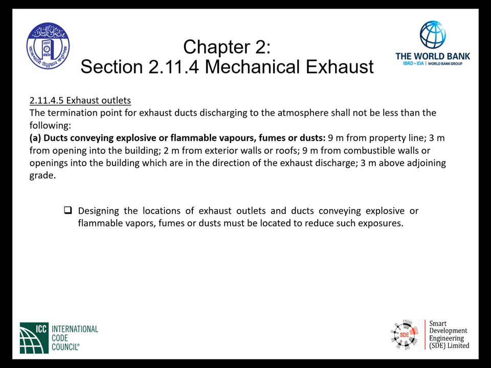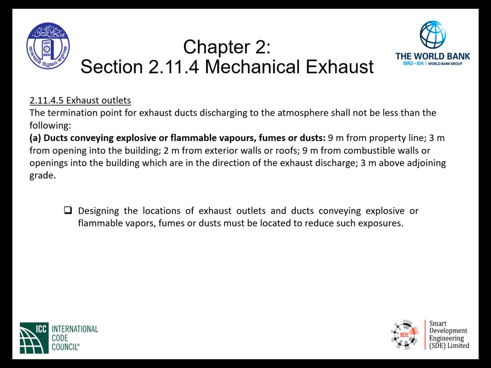We need to be at least 9 meters from the property line, 3 meters from openings into buildings, 2 meters from exterior walls or roofs, 9 meters from combustible walls or openings into the building which are in the direction of the exhaust discharge, and 3 meters above the adjoining grade.